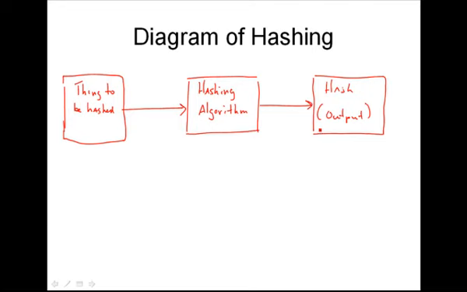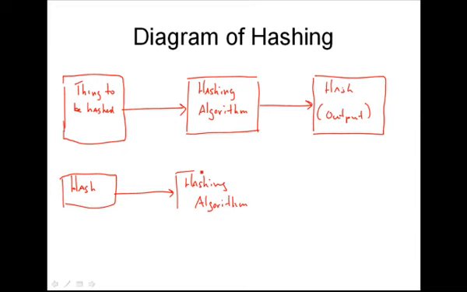Now, if you take a hash and feed it into a hashing algorithm, you're not going to get back to the original thing. What you get is a hash of a hash.